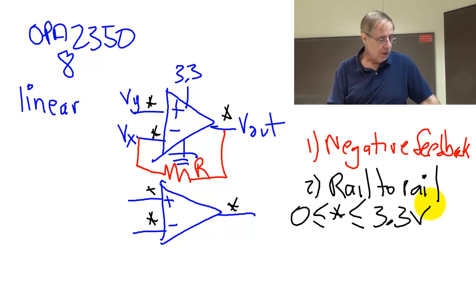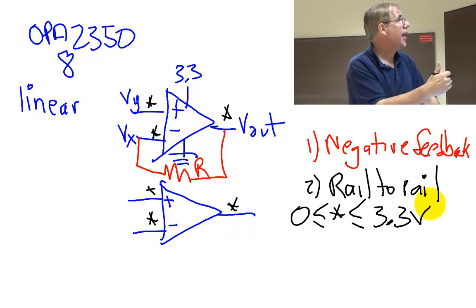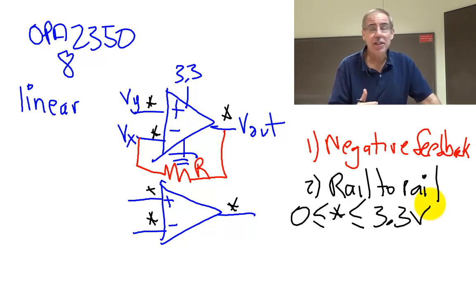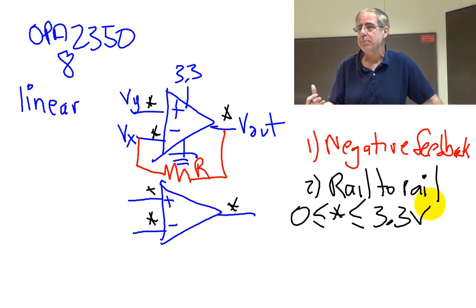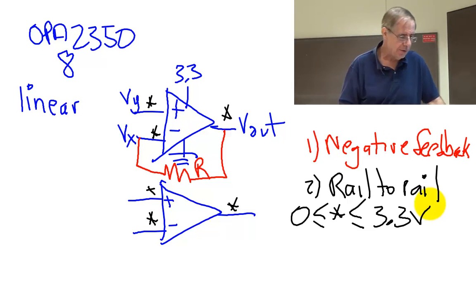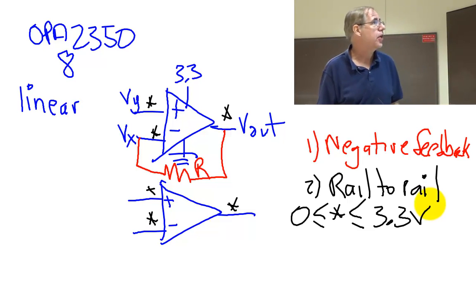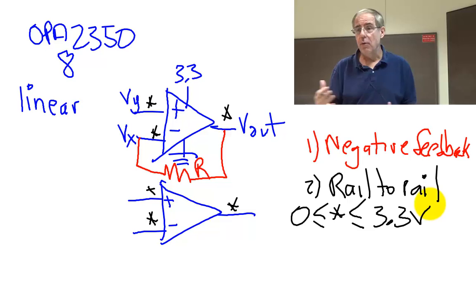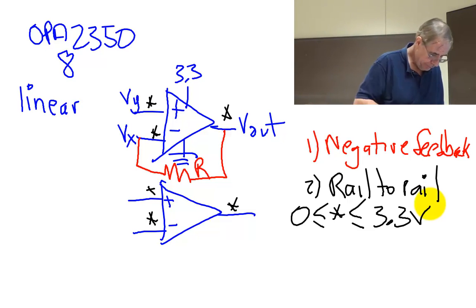Okay? So if you happen to get some negative voltages on any of these pins, it's not going to work. It's going to clip. It's going to blow up. It's going to be bad. Or if it goes above 3 volts, it's going to be bad. Okay? It won't work. It'll clip.